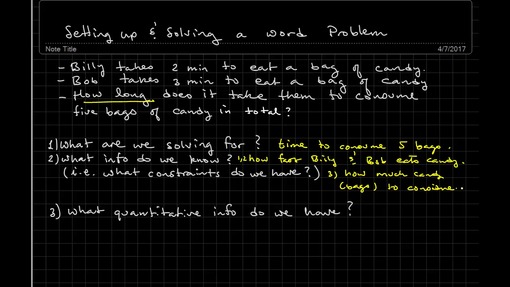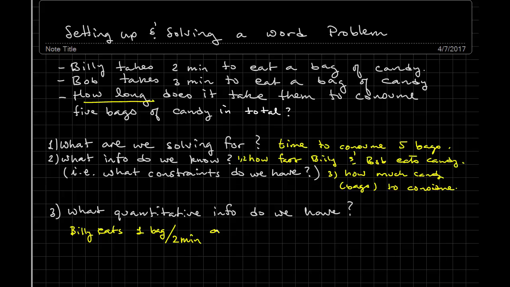Okay, so now let's think about that again, but now in a quantitative fashion. In other words, let's put some numbers to it. So we have that Billy eats 2 minutes. We could say 2 minutes per bag, or he eats 1 bag per 2 minutes. Right?